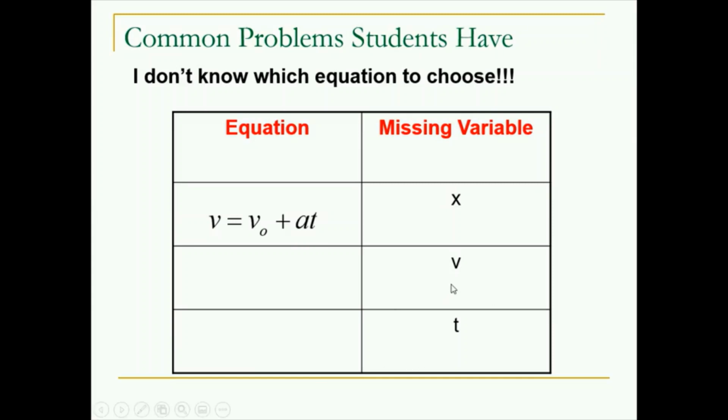Let's say you don't have velocity final. Well, you can't use this top equation, so I can use this middle equation. And then let's say I don't have time. I'm going to have to use an equation that doesn't have time in it: velocity final squared equals velocity initial squared plus 2 times acceleration times change in displacement.